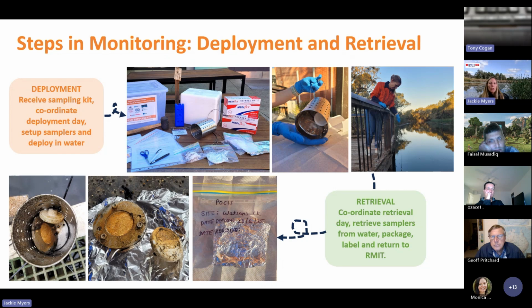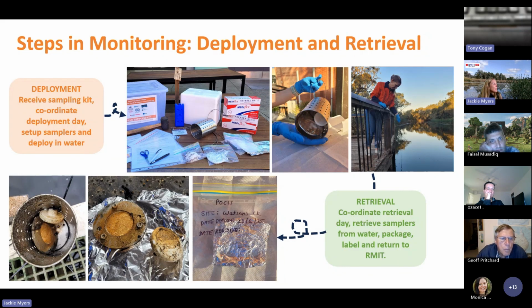After 1 month, you'll return to retrieve the cage and the samplers. The samplers should be unclipped from the cage. You can see in those bottom pictures some samplers after they've been deployed, and they're a little bit fouled and quite a bit dirty. You'll take them out of the cage and photograph them so that we can see what sort of condition they're in.